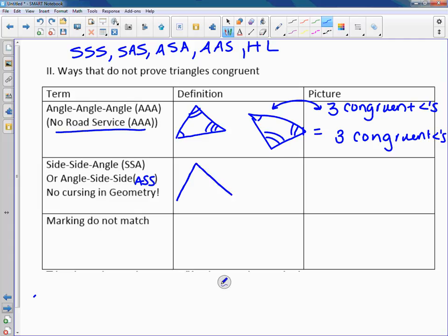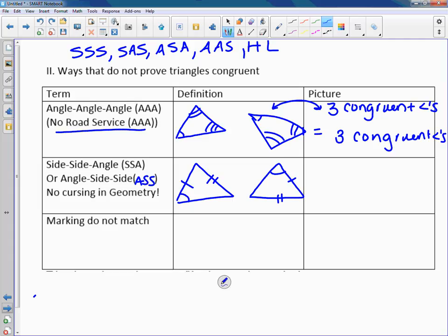Now, when you get an angle side-side, you need to start going ding, ding, ding. Remember how I told you there was going to be one way that you were going to be able to determine if it was hypotenuse leg?